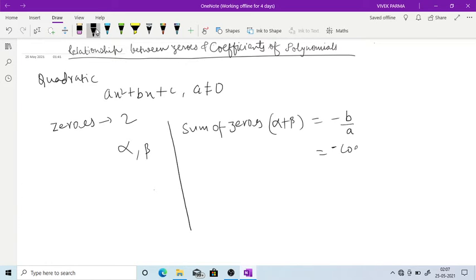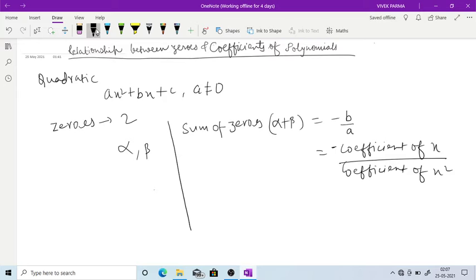Minus of the coefficient of x, upon, and what is a here? The coefficient of x square.